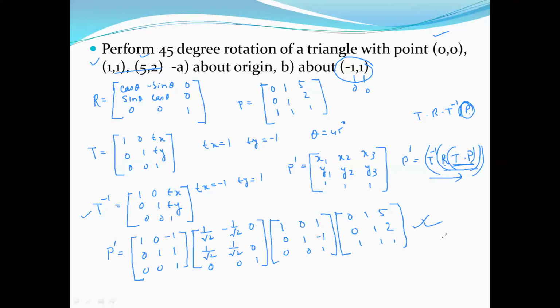Here we are not rotating with respect to the origin. We are rotating the entire triangle with respect to the point -1, 1. So we shift the point to the origin, and subsequently shift all the coordinates of the triangle with respect to the origin. Then rotate it, then perform the reverse translation. Okay, so it is clear.